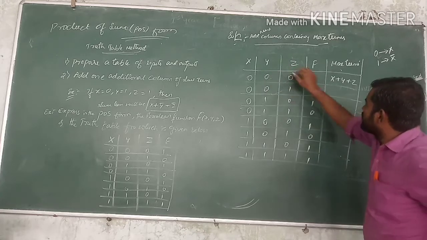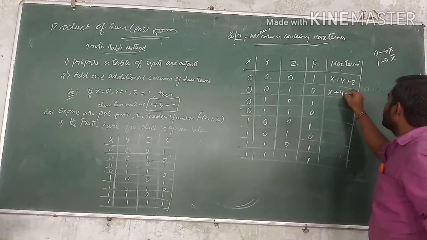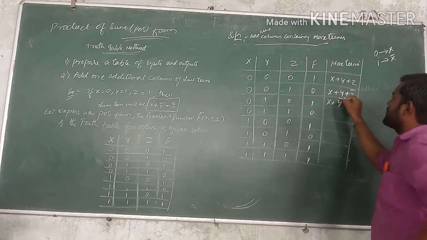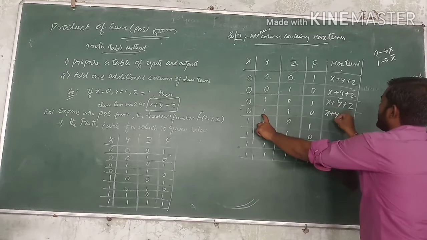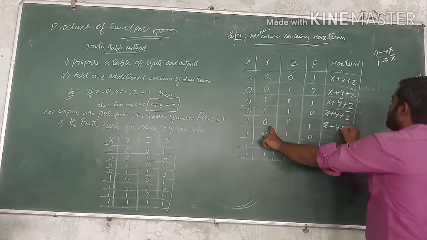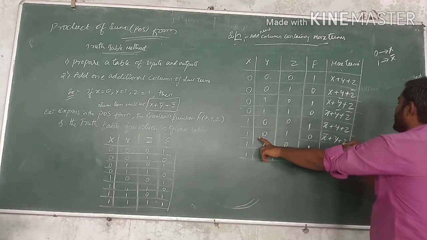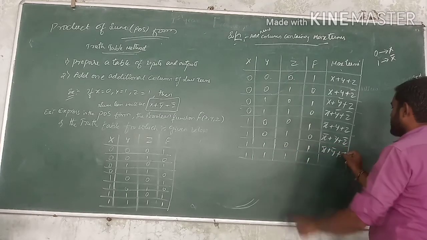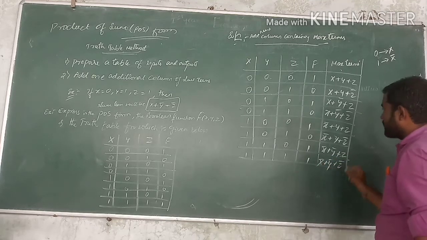So we have 0 0 0: x plus y plus z, and 0 0 1: x plus y plus z complement, and here x plus y complement plus z, x plus y complement plus z complement, x complement plus y plus z, x complement plus y plus z complement, x complement plus y complement plus z, and x complement plus y complement plus z complement.